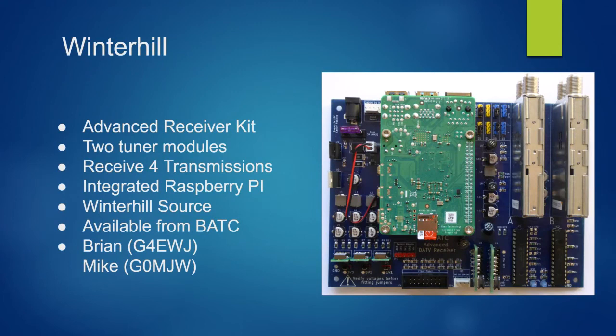Not impossible, but slightly more involved than the MiniTiouner itself. They call this PCB the advanced receiver. You'll see it has little silver boxes. It has two tuners on the circuit board, so essentially you can decode four different transmissions all at the same time.